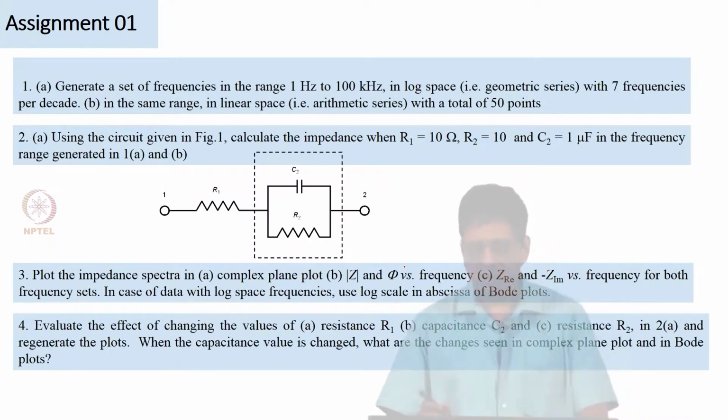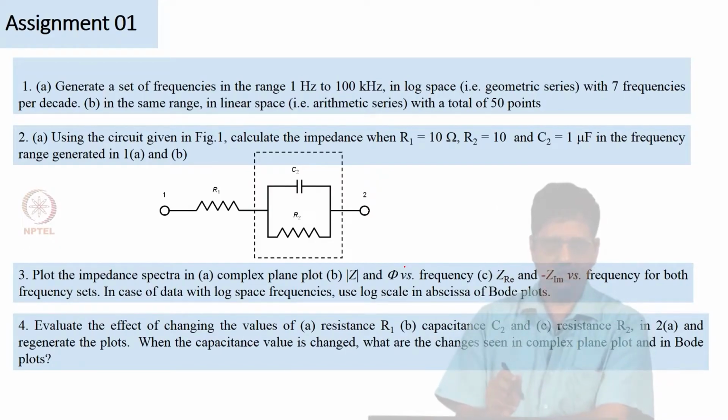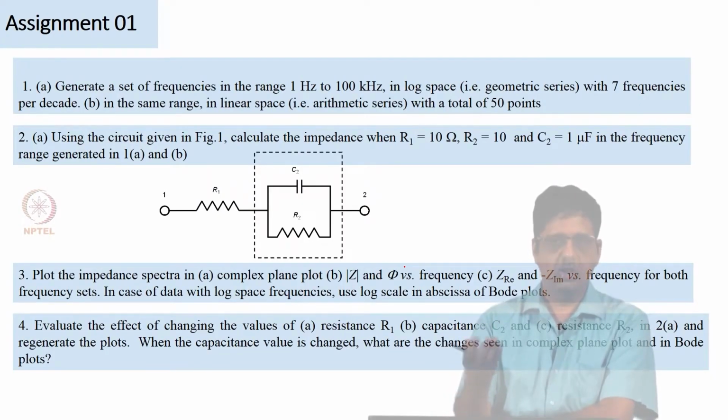Okay. What happens when you change the R2? The idea is this: if you know that whenever the resistance R2 is changed, in Bode plot it will appear like this, in complex plane plot it will appear like this, then when you actually do experiment, you might do it in one solution, the same electrode, you might change the solution composition, you might add a chemical, or you might change the electrode surface and then redo the experiment.